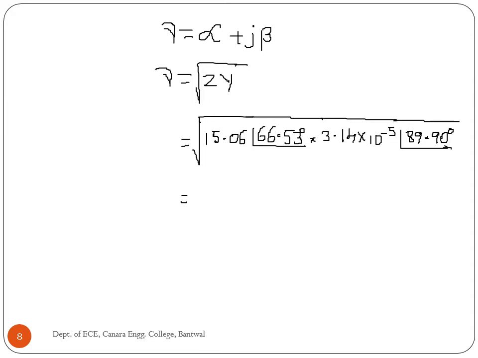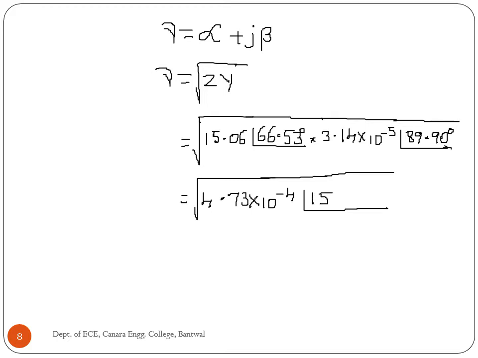After multiplying 15.06 and 3.14 into 10 to the power minus 5, we will get 4.73 into 10 to the power minus 4, and after adding angles 66.53 and 89.90, we will get 156.43 degree.